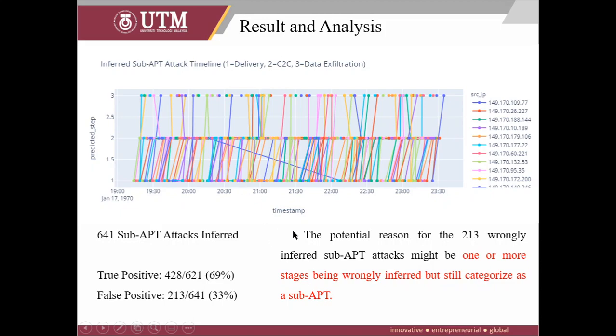For example, a sub-APT might be steps 1, 2, but our detection system classifies it as 2, 2. So even though it's wrongly classified, it is still a sub-APT here. As to why our detection system wrongly classified, we will also explore more in the testing of performance section.